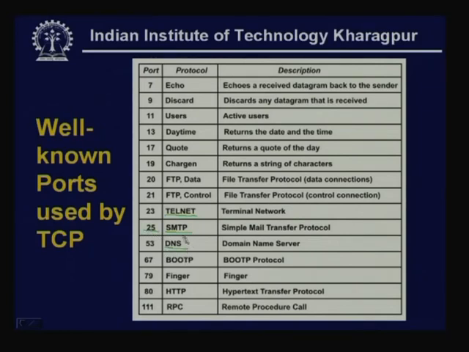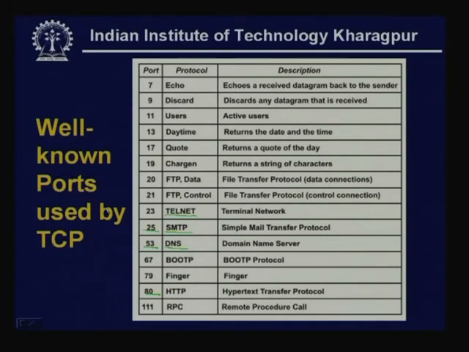Domain name server, which we shall discuss, has the well known port number 53, and HTTP, which is hypertext transfer protocol, has well known port number 80, and so on. So, we see the important applications which are being used with the help of TCP IP are provided with well known port numbers.